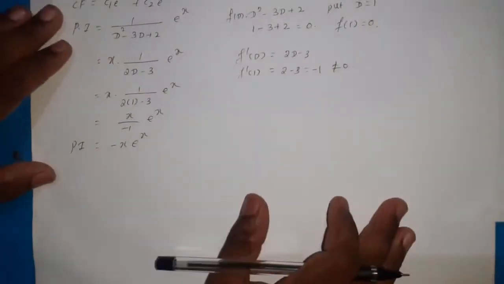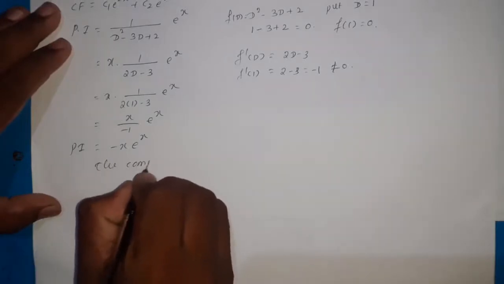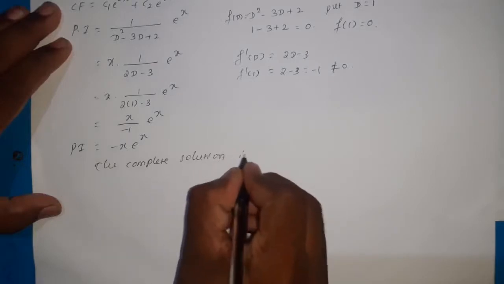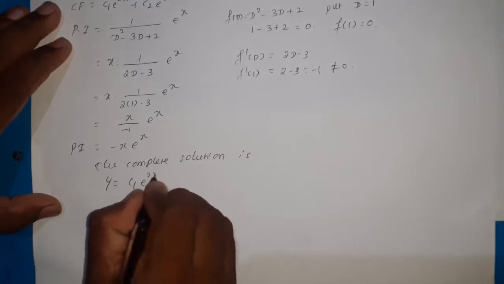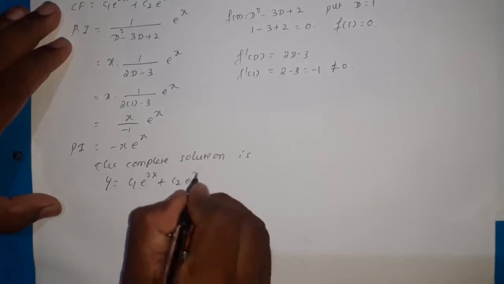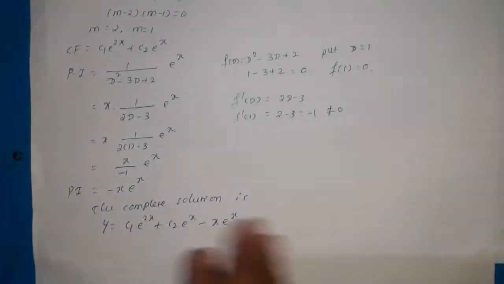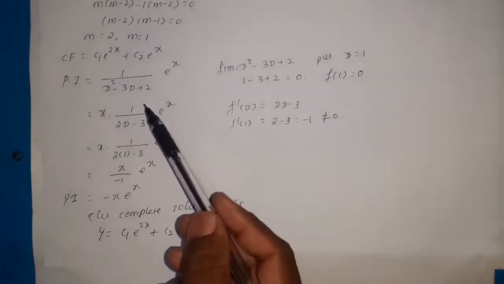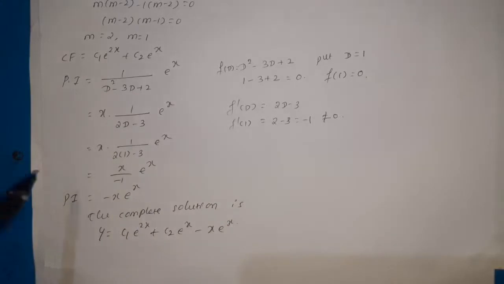Then we need to write the complete solution. So the complete solution is y is equal to c1 e power 2x plus c2 e power x minus x into e power x. It is very important, while finding the particular integral, to first verify whether the denominator is 0 or non-zero.